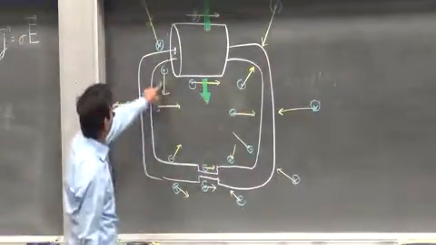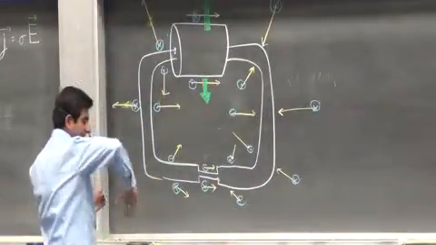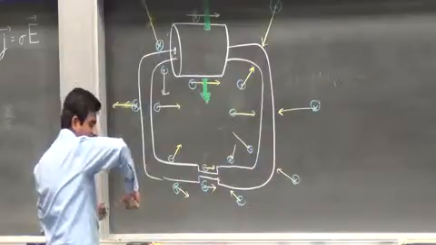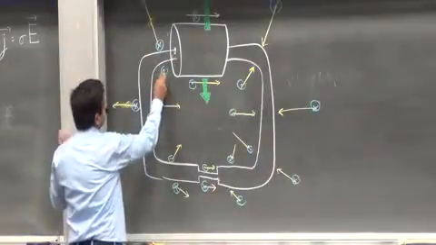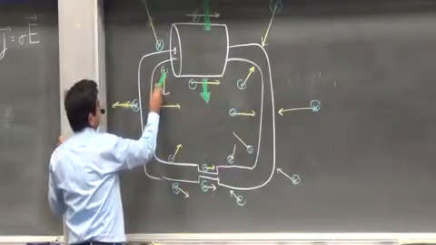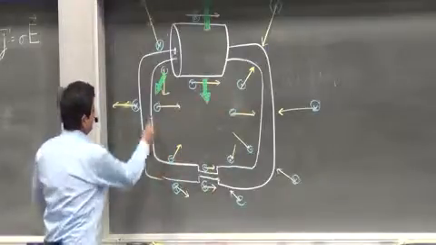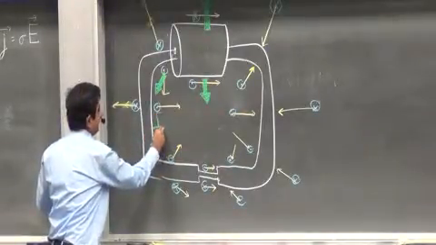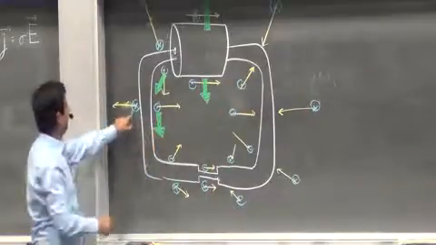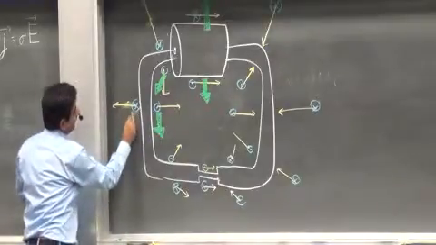Let's see what the Poynting vector here is. It's E cross B. Here, E crossed with B. Here, it's E crossed with B, downward direction.